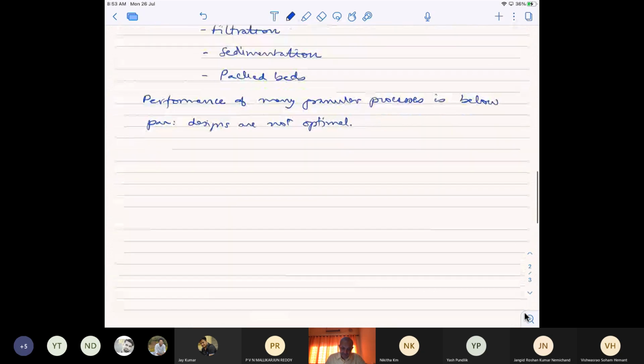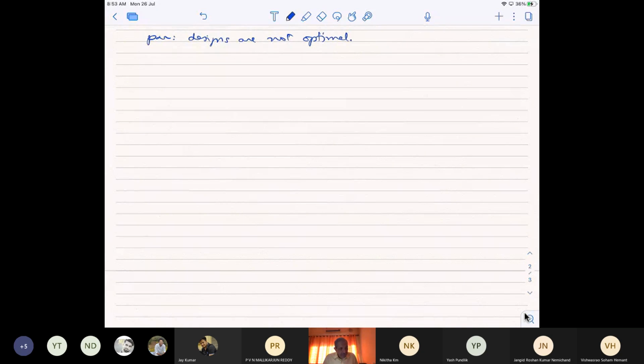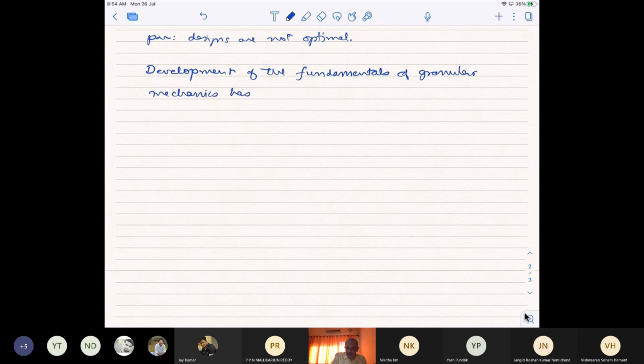So one of the reasons why this happens is because the development of the fundamentals of granular mechanics has lagged compared to fluid mechanics.